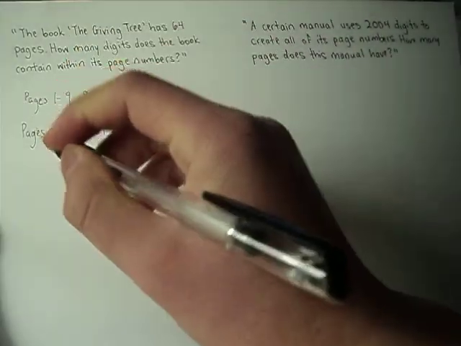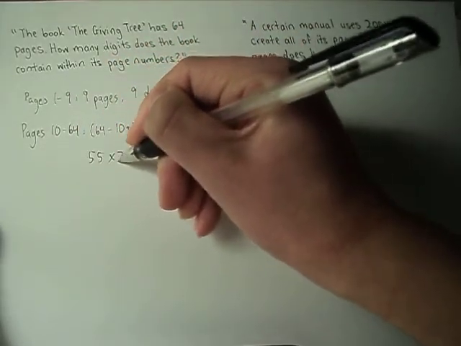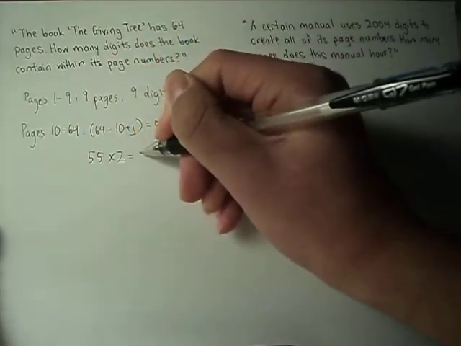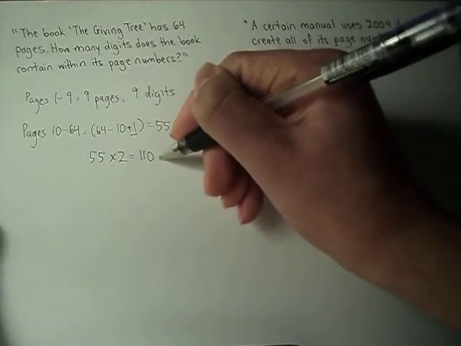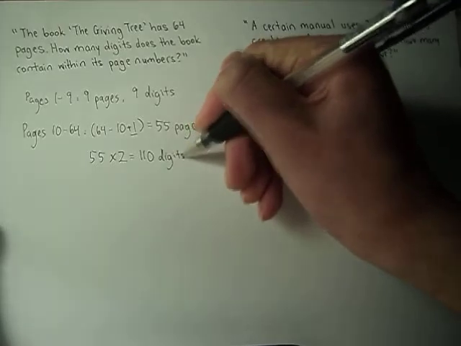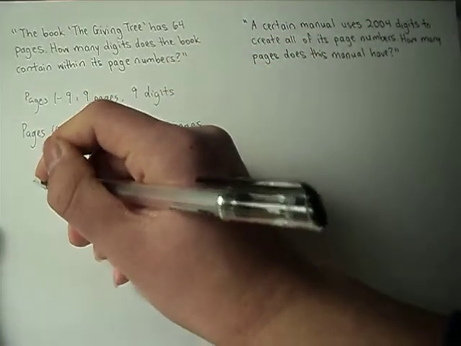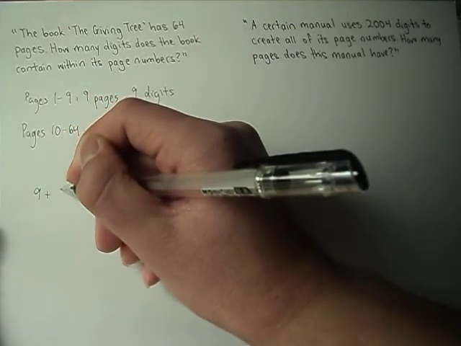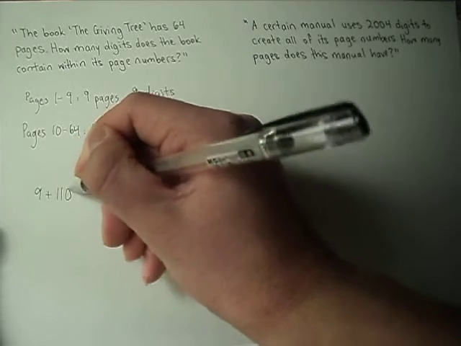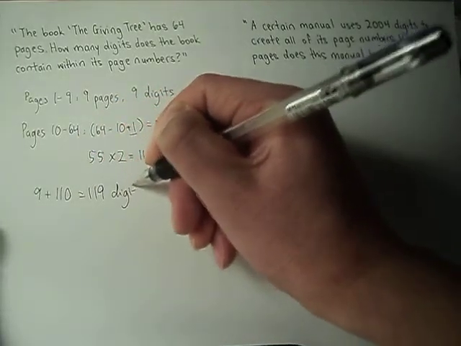Since they are all 2-digit numbers, we can multiply 55 by 2 to get the number of digits that these pages contain, and that would be 110 digits. Now we add the number of digits that 1-digit page numbers have, 9, with the number of digits that 2-digit page numbers have, 110, and that gives us 119 digits for the book.